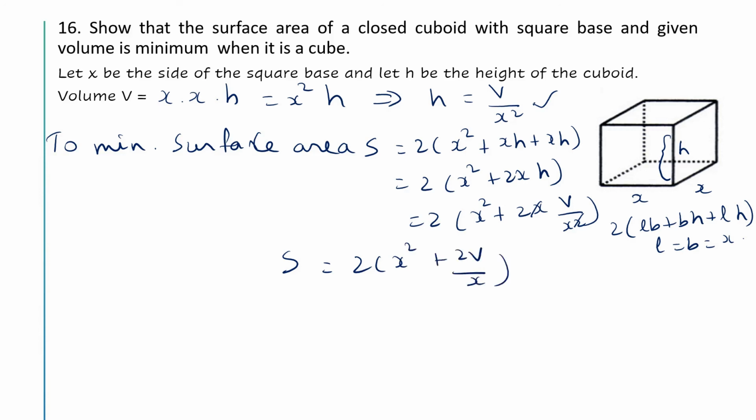Now let us differentiate with respect to x. ds by dx is equal to 2 into 2x minus 2v by x square.